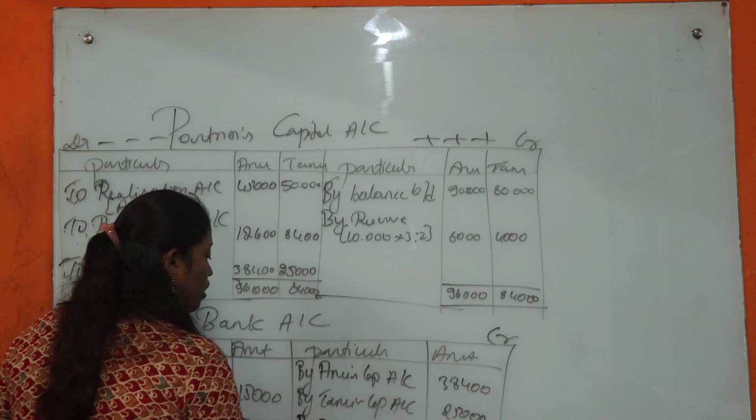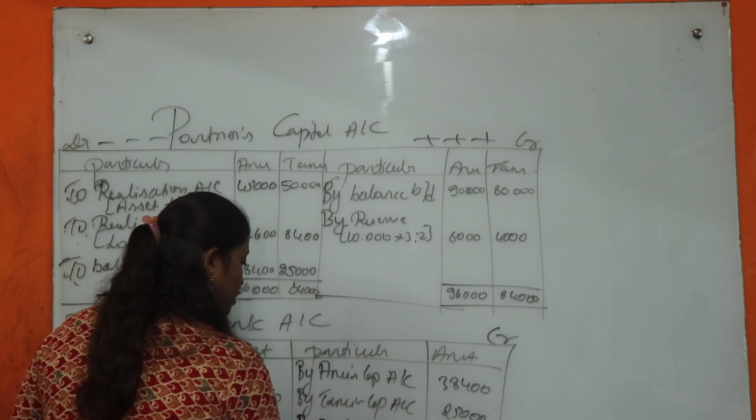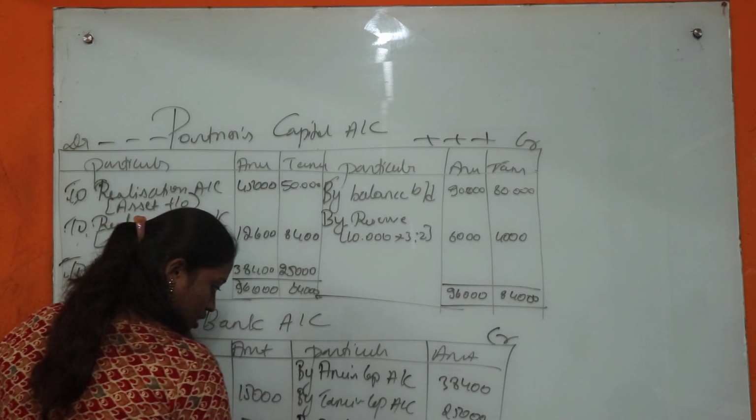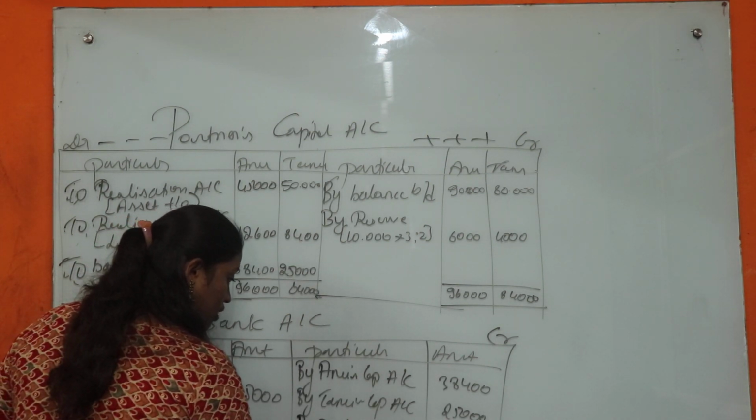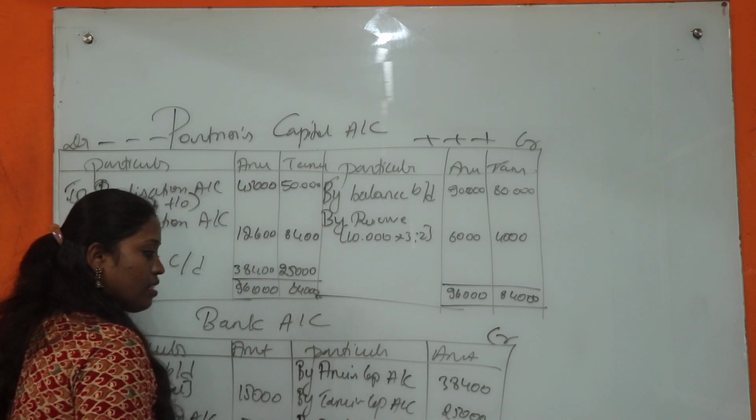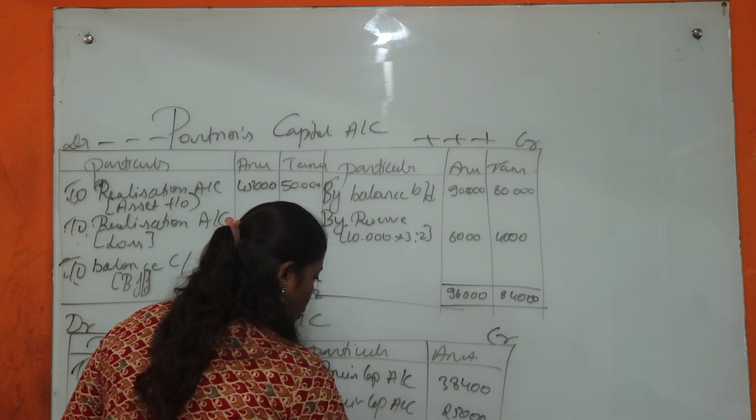And there is also dissolution expenses, to realization account. How much? 2,000, right? 2,000.